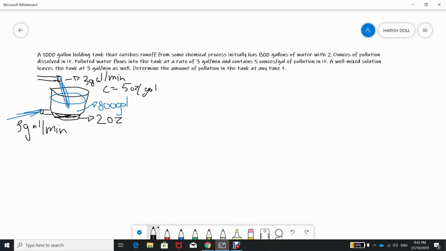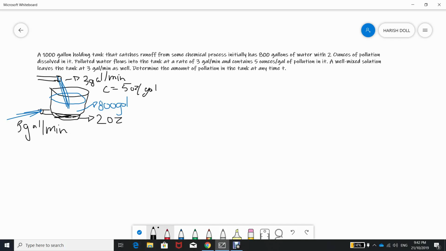We are given the rate at which the polluted water is coming in, the concentration of the pollution in it, and the rate at which the solution is going out, which is 3 gallons per minute.